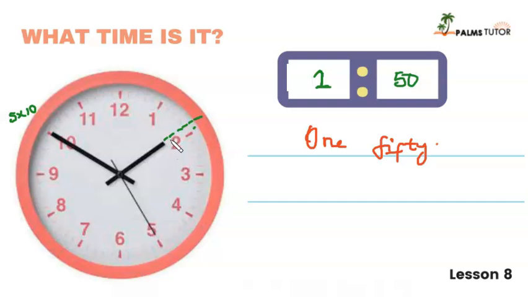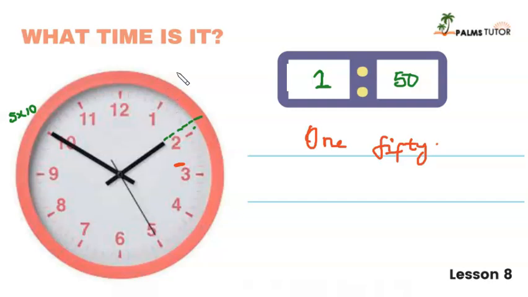So whether it is on the hour, or in between 2 hours, you just have to figure out where exactly, how to report that, right? If it has not gotten to the next hour, you don't say 2. If you say 2:50, this would mean that the hour hand has left 2 and is almost going to 3.